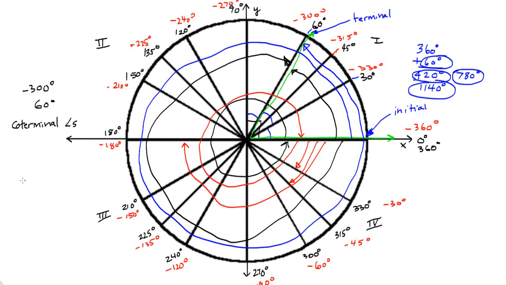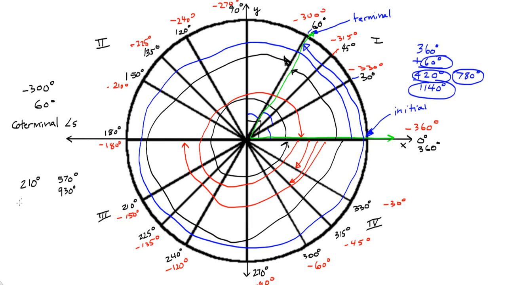Let's say I had the measurement 210 degrees, and I asked, what are the coterminal angles for that? Well, I could add 360 to it and get 570, or add 360 again and get 930 degrees, and so on. I could add multiples of 360, or I could subtract multiples of 360.